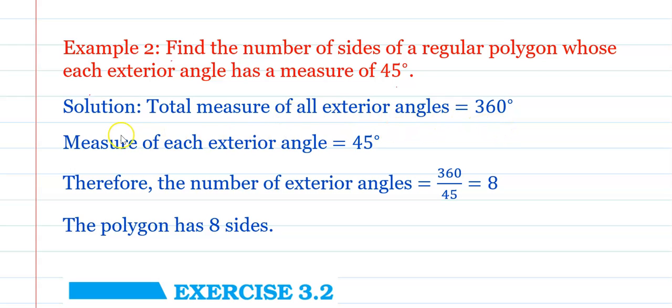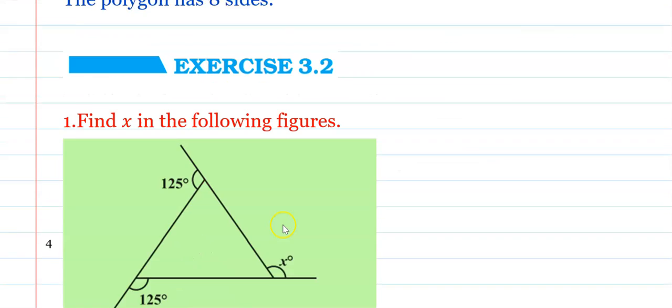We know that the measure of each exterior angle is 45, and therefore the number of exterior angles n equals 360 upon the measure of each exterior angle, 360 upon 45, which gives 8, and hence that polygon has 8 sides. Now we'll start exercise 3.2.